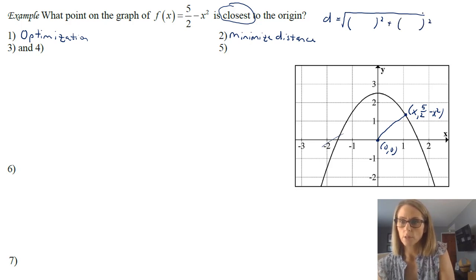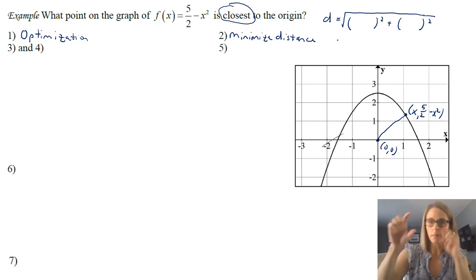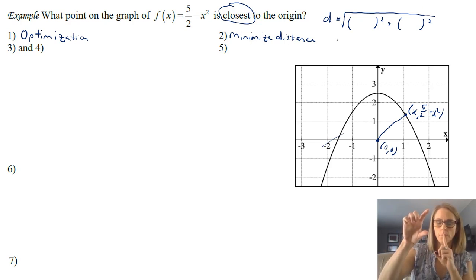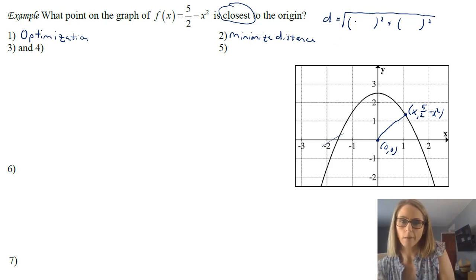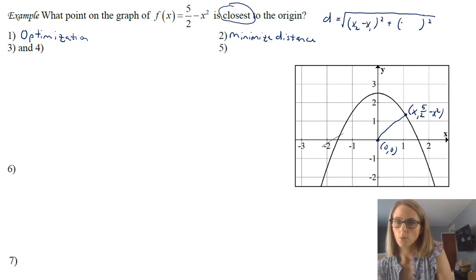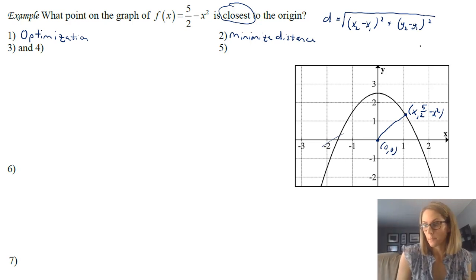But if you remember it, that's good. You're basically thinking about the vertical distance and the horizontal distance. And so that ends up being x2 minus x1 and y2 minus y1 for any 2 points.